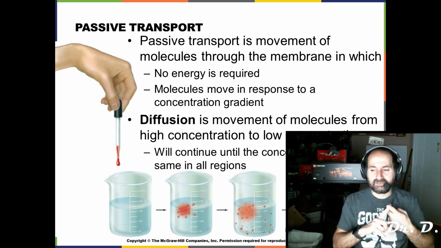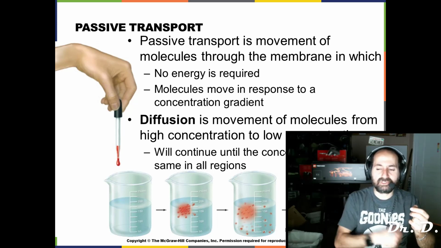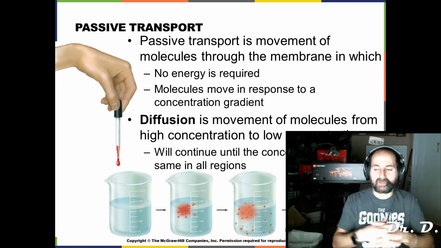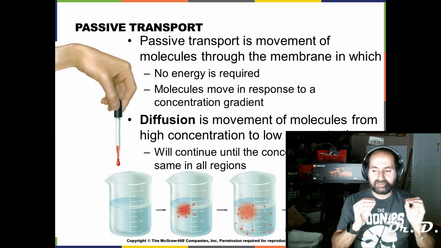Happens spontaneously without the input of energy, and in fact it releases energy. And you do need to understand that diffusion releases energy. Diffusion is spontaneous. Diffusion happens. It just happens. It's spontaneous. It's driven by entropy.